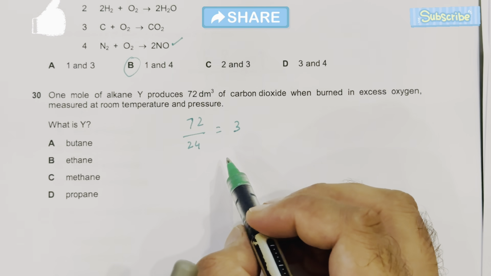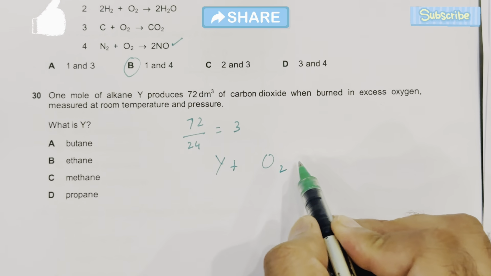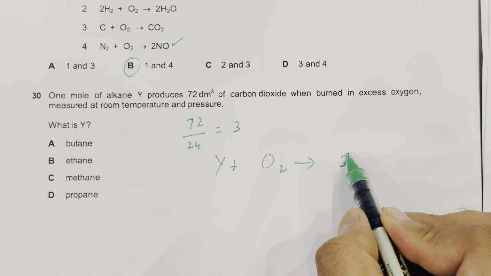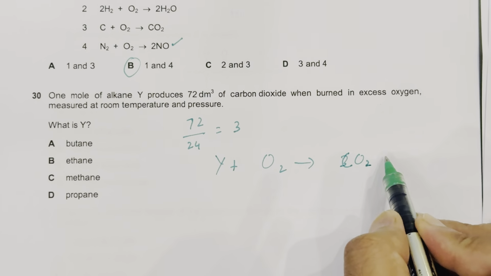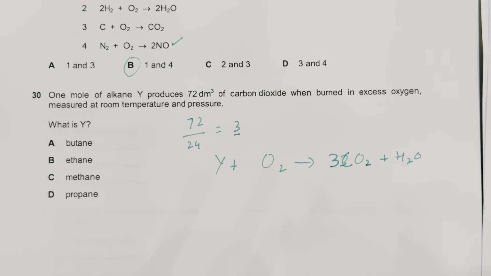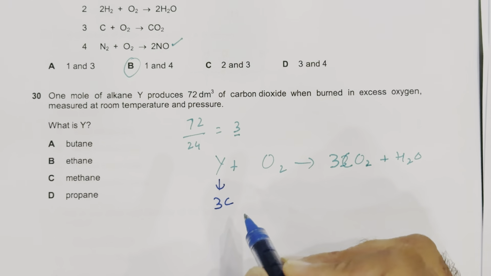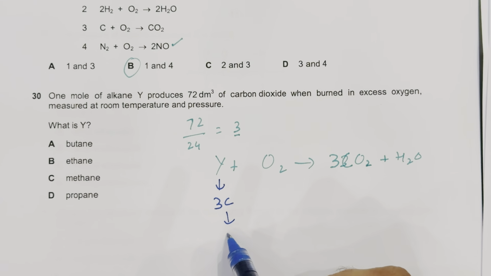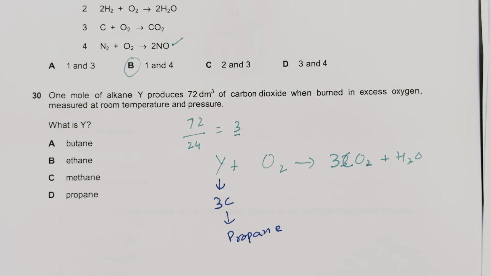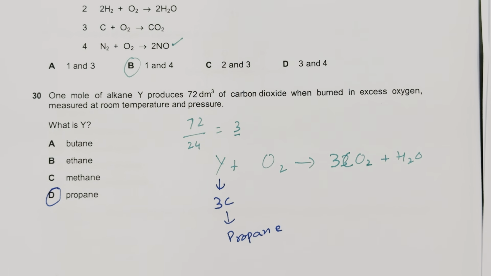If Y reacts with oxygen, it is a combustion reaction, it will produce carbon dioxide and water, and we know that 3 moles of carbon dioxide are produced, so we're going to add 3. It means the compound should have 3 carbons in it, and we know that 3 carbons are in propane, so our answer would be propane. This was an intelligent question asked by the examiner.